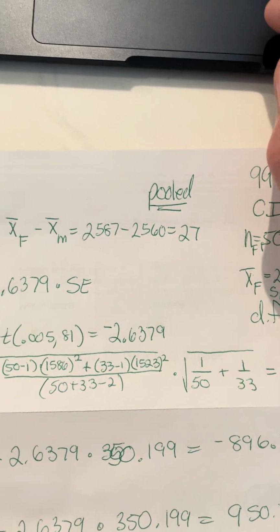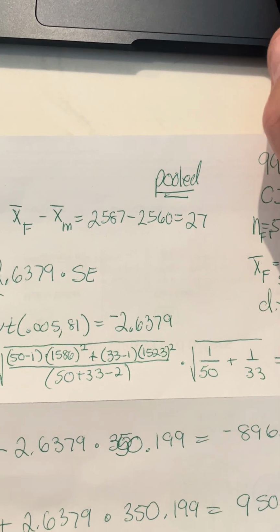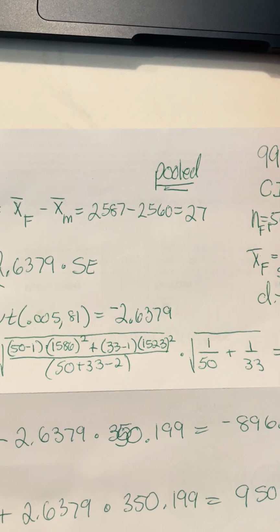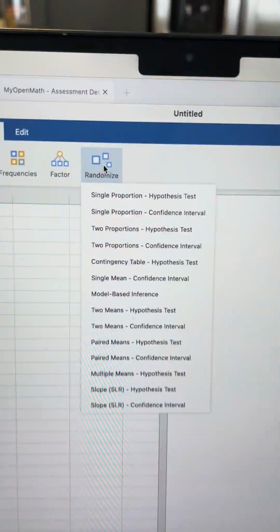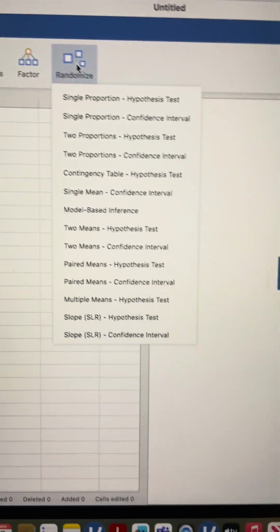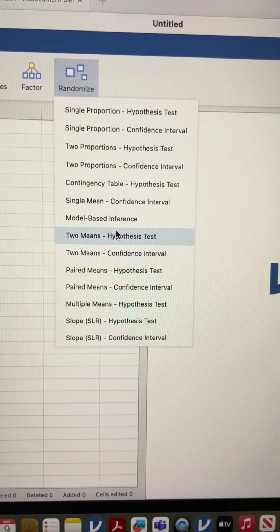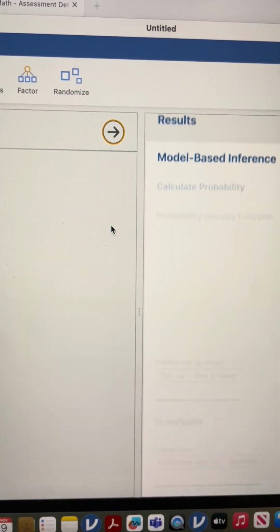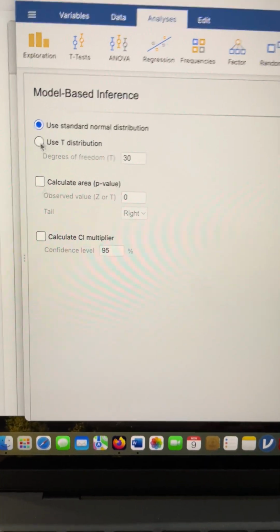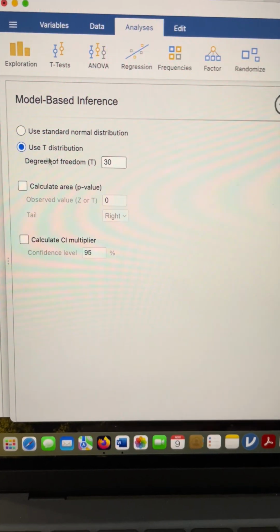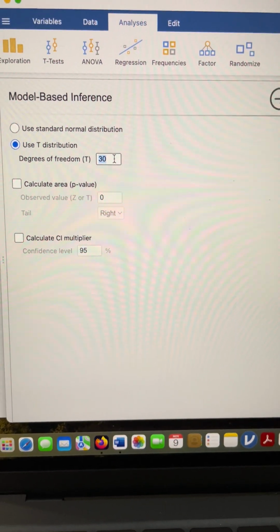Now, I could get that value as well if I go to the randomize on Jamovi, okay? So I'm going to go to model based, and we're going to use a T distribution. Our degrees of freedom are 81.